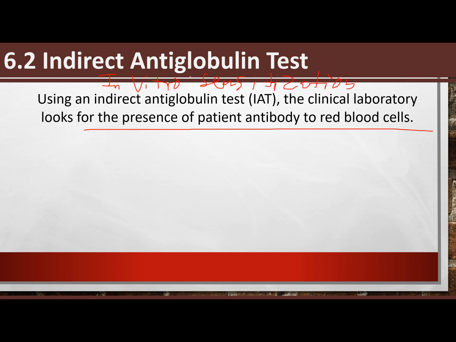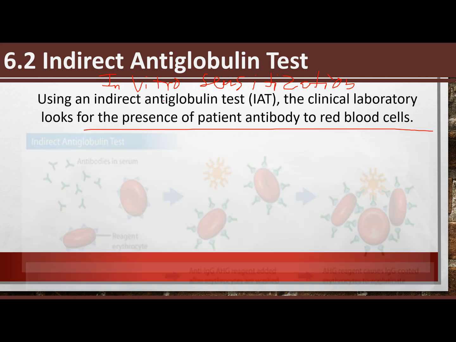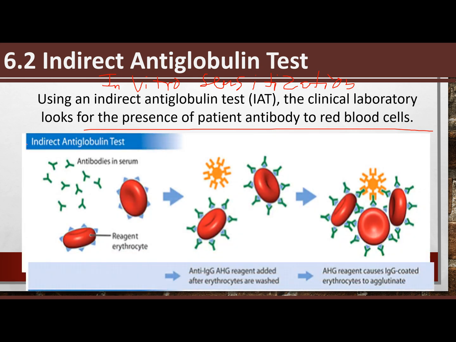When you say in vitro, this is in the laboratory or outside the body. So here you would be using this time, class, a serum sample. So your sample is a serum. Your reagent this time is 2. Reagent 1 is your RBC.